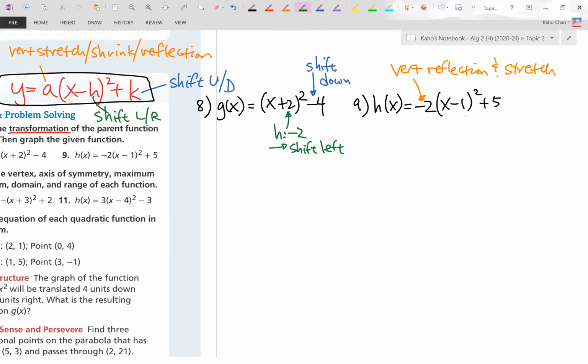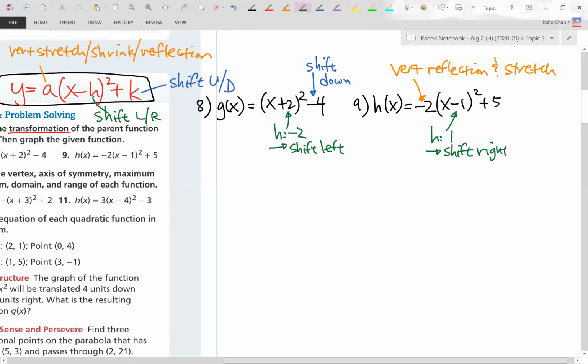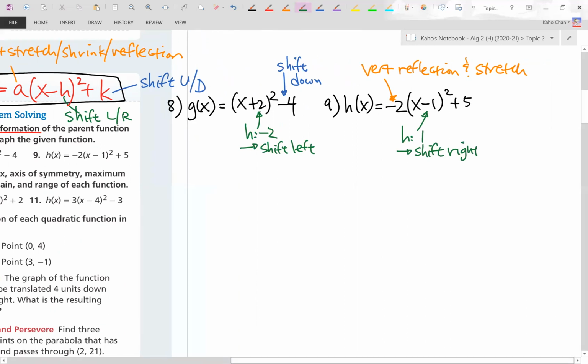Along with the h and k values. H in this case is backwards of -1, +1. This is going to shift right. And the +5, of course, is positive. We're going to go up with that, because your k value is 5.